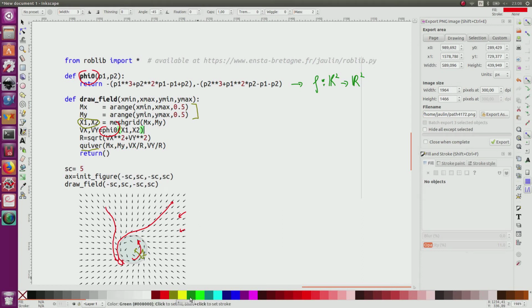So I can control here the sample between 2 points. They are given by 0.5 here. So if I want something more accurate, I can put, for instance, 0.1. And the scale going from -5 to 5 corresponds to the size of my grid.